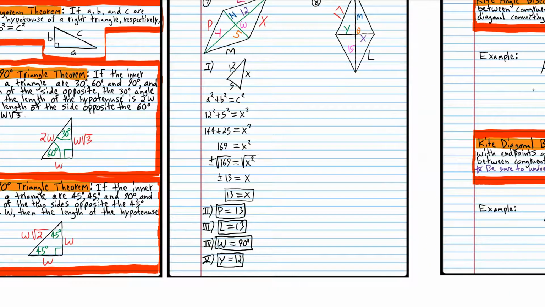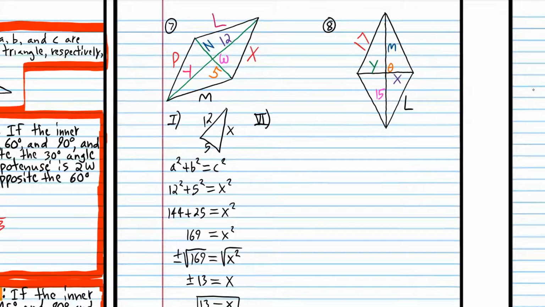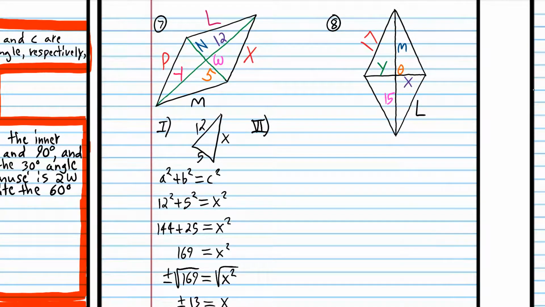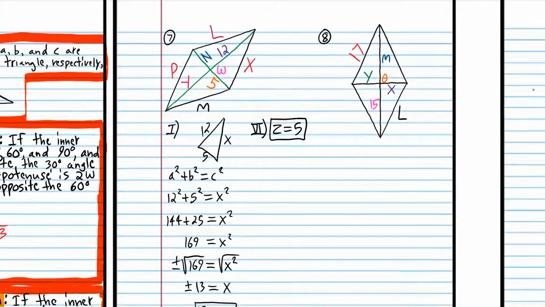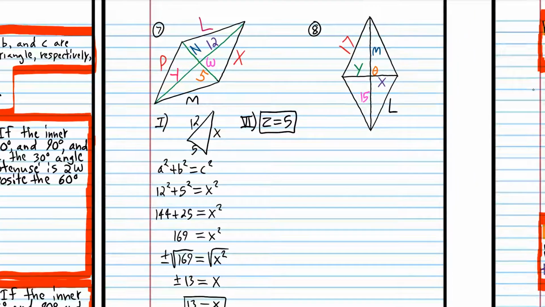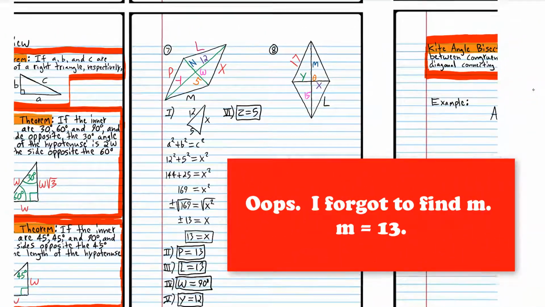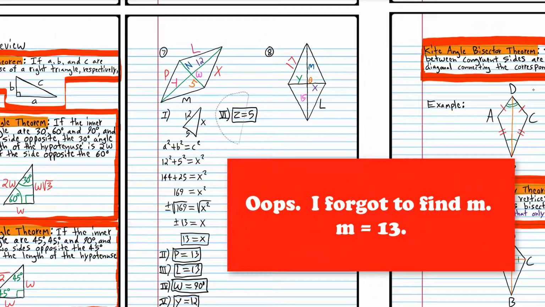It would take forever to get them done, so I'm not going to make you do that. And I don't want to do that either. And finally, if this side is 5, then z must be 5 also. I'm sorry my z looks like an n, but it's at a slant. Z is equal to 5 because that diagonal is bisected by the other diagonal. And I think that's it for that problem.